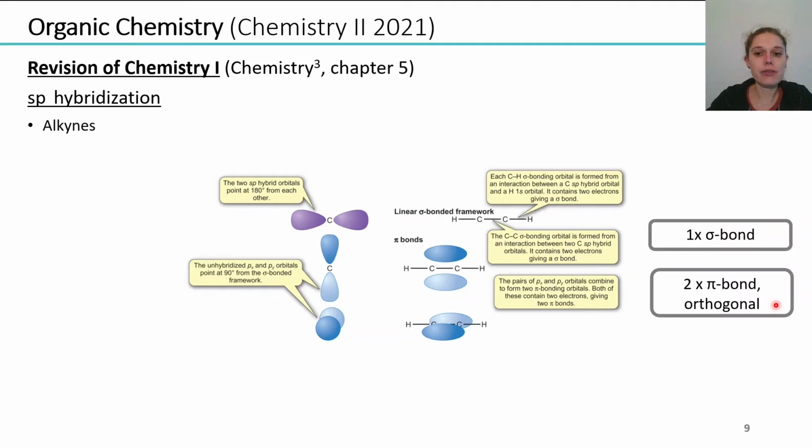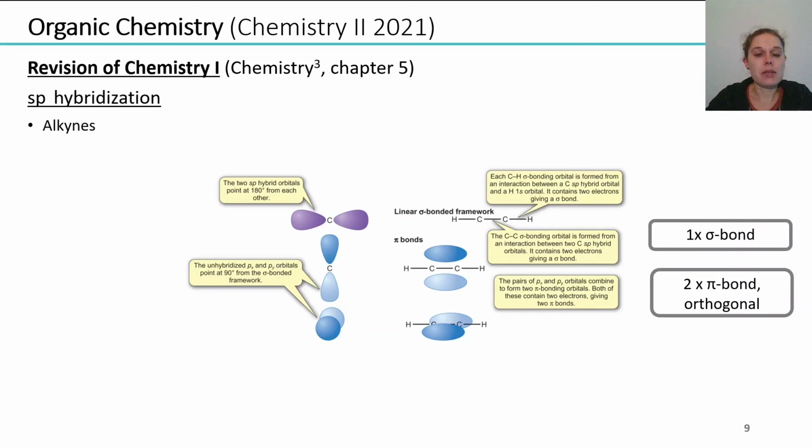But then finally we still have two unhybridized px and py orbitals on each carbon atom. And these orbitals can then interact to give two pi bonds, which are arranged at 90 degrees to each other. So then what we shall remember is that we have one sigma bond and two pi bonds.